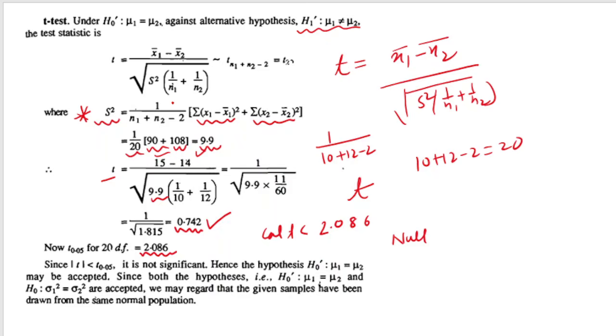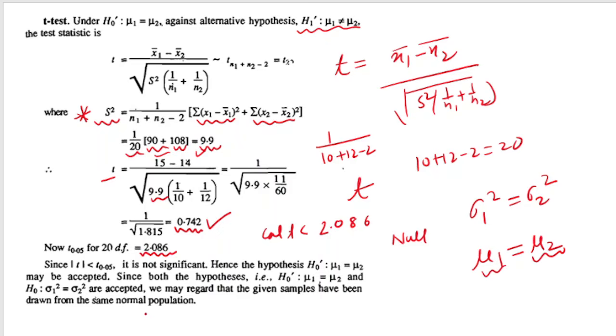It means that we can conclude that the samples can be regarded as taken from the same normal population. So first we applied the F-test to test the equality of population variance, σ1² equal to σ2². Then we applied the t-test to test the equality of population mean, that μ1 is equal to μ2.